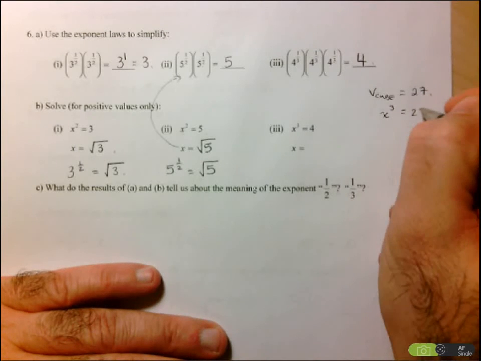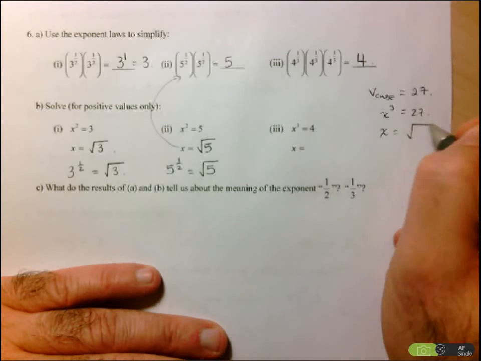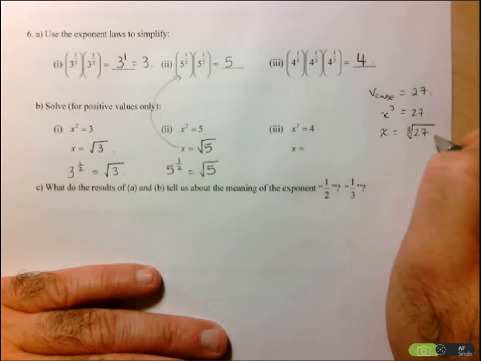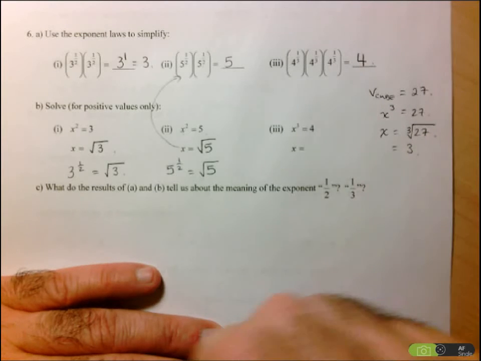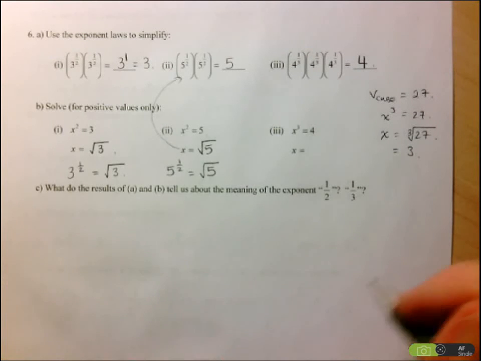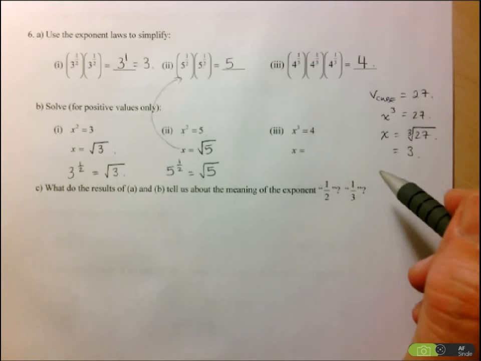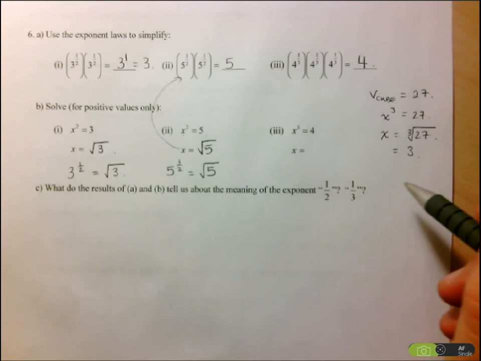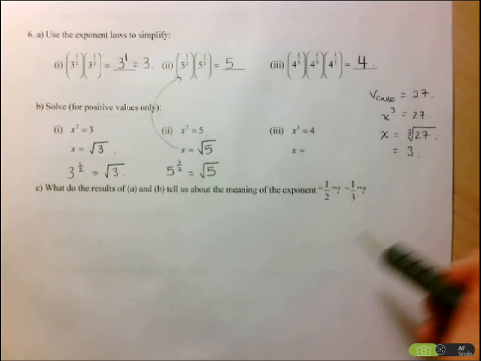So x cubed is equal to 27, and how does one solve that? By what's called the cube root. In this case it's a perfect cube, because that's just equal to 3. You would have also seen it when solving problems involving volumes of spheres, because the volume of a sphere is given by 4/3 pi r cubed. If you were solving for the radius, you would have had to use the cube root.